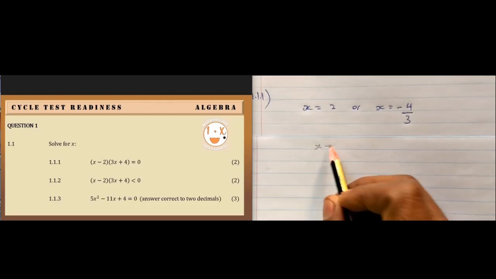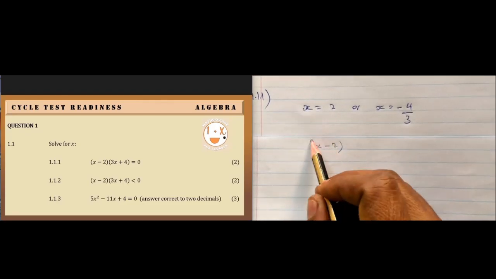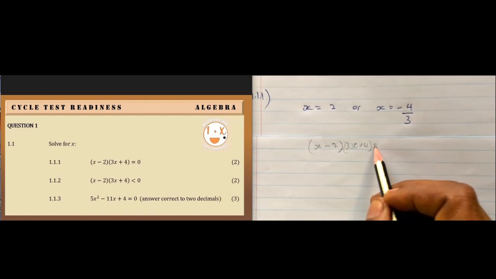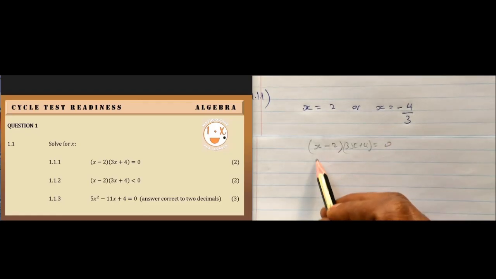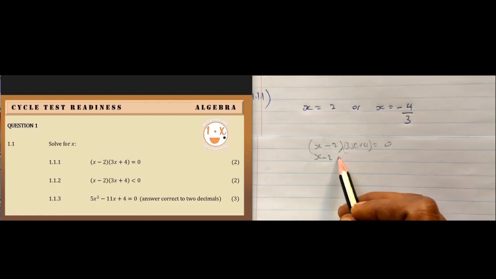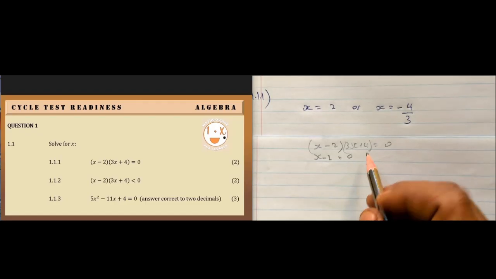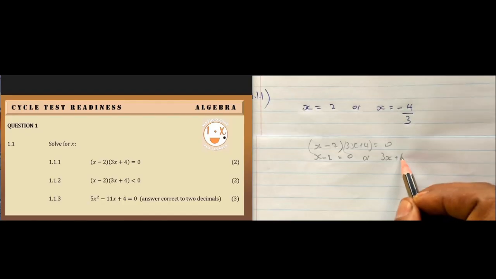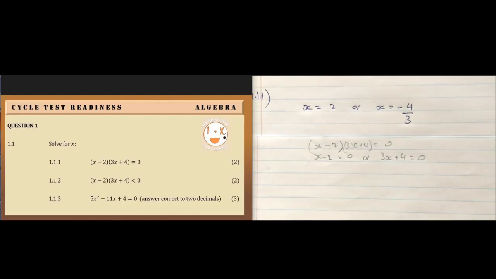So we would have x minus 2, and then we would have 3x plus 4 is equal to 0. We do these steps to show you the process, and to introduce to you the null factor, zero product rule.